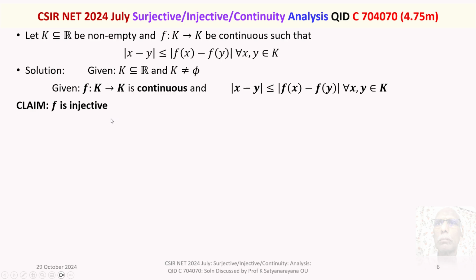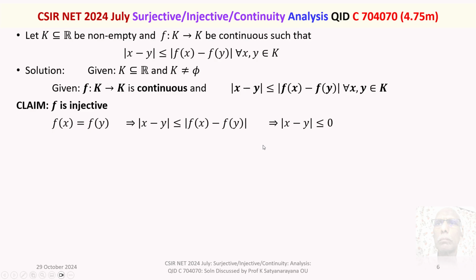We will show this. Now, f(x) equal to f(y) will imply mod of x minus y less than or equal to mod of f(x) minus f(y), and if f(x) is equal to f(y), then mod of x minus y is less than or equal to 0, because f(x) equal to f(y) makes f(x) minus f(y) to be 0. So thus we get modulus of x minus y less than or equal to 0.